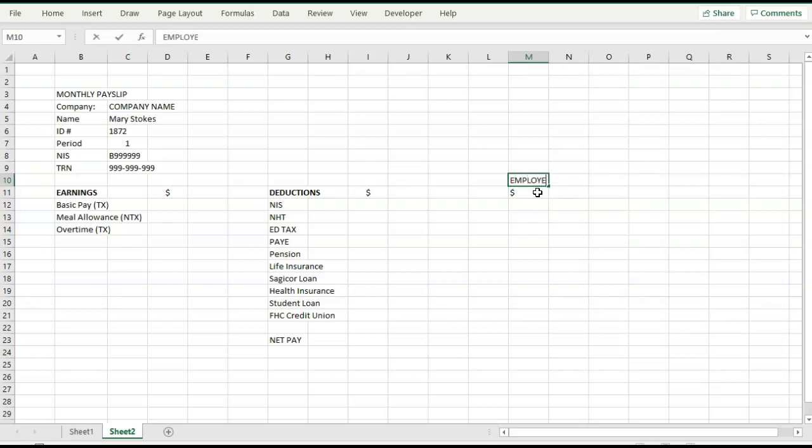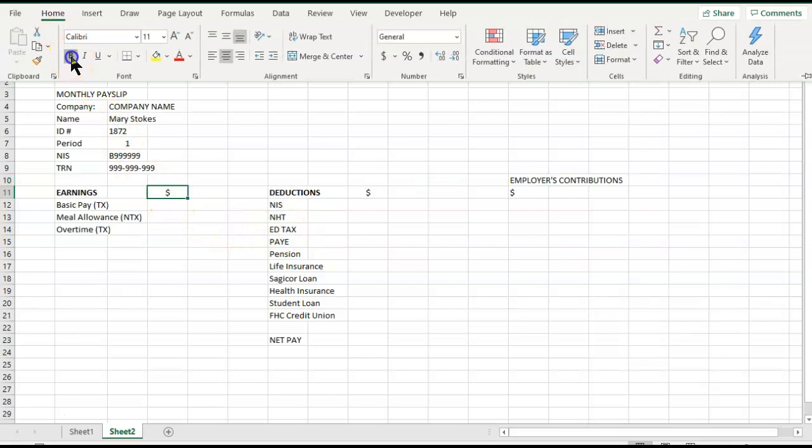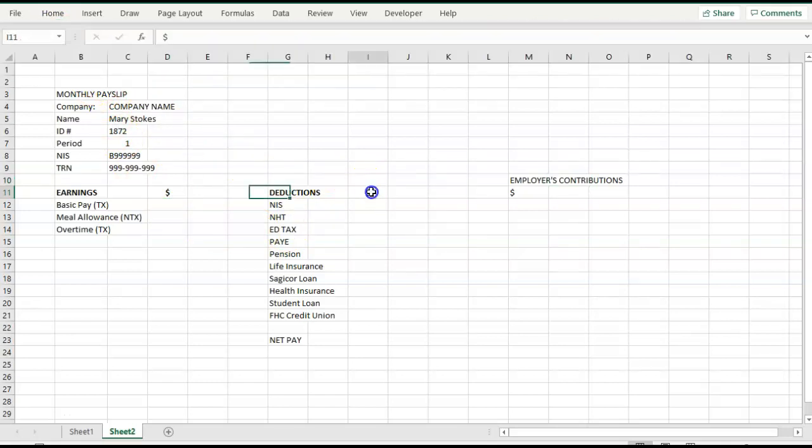So as we calculate the employee's figures for statutory deductions, we will be calculating the employer's contribution at the same time. Now remember, we had a table and I had indicated what the amounts were for the employees as well as the employers.